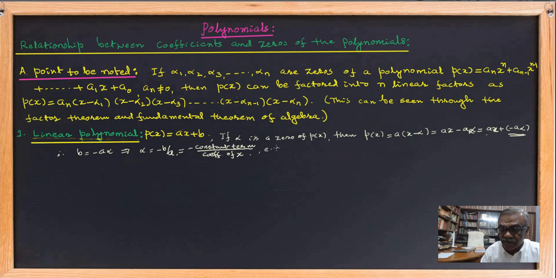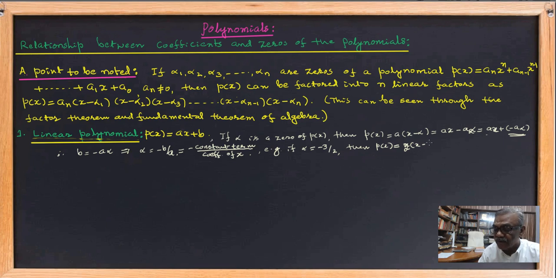For example, if alpha equals minus 3 by 2, then we can write p(x) is equal to 2 into x minus alpha.